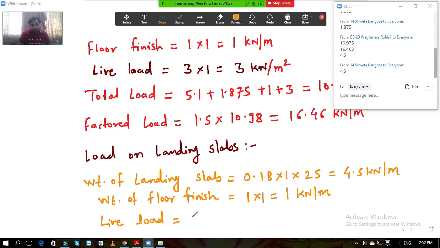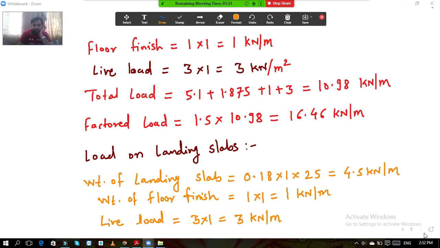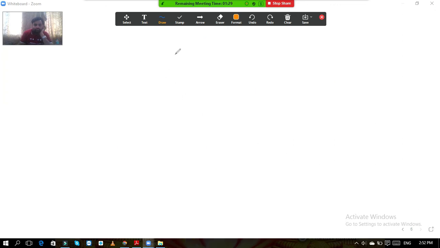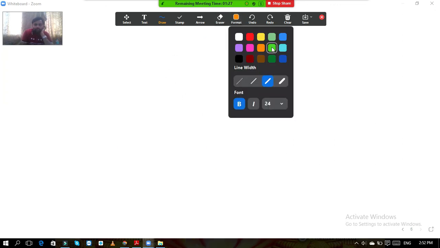Live load is equal to 3 into 1, which is equal to 3 kilonewton per meter. Now calculate the total load and let me know the total load. So what is the total load now?